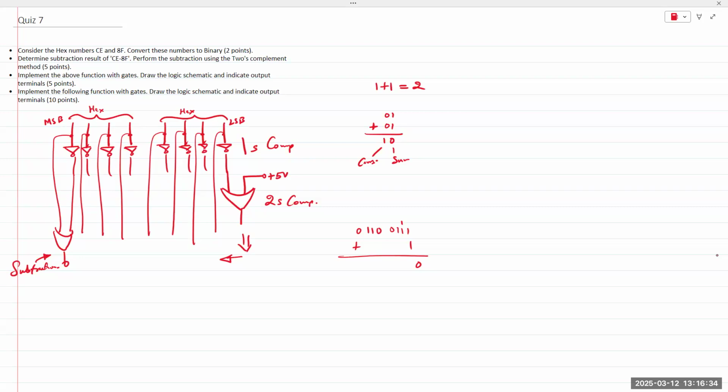So yeah, that's one's complement. Then what do we do for a two's complement? We add +1 to the least significant bit, right? That's the two's complement. Right? So least significant bit is here.